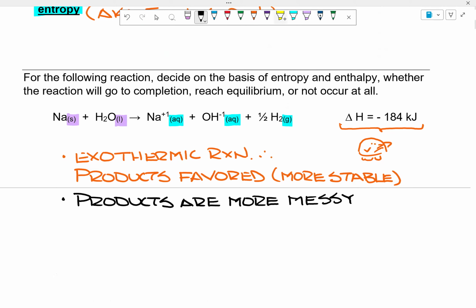Now, notice in this particular case, both for enthalpy and entropy, the products are favored. So I'm just going to write here, therefore favored.